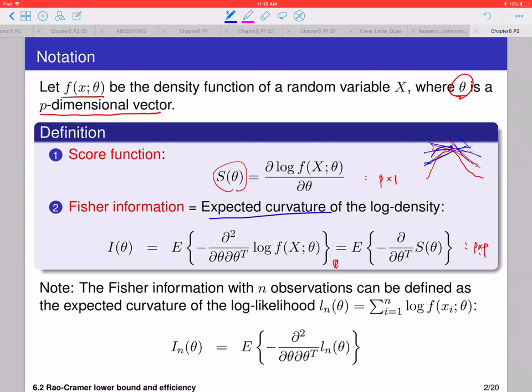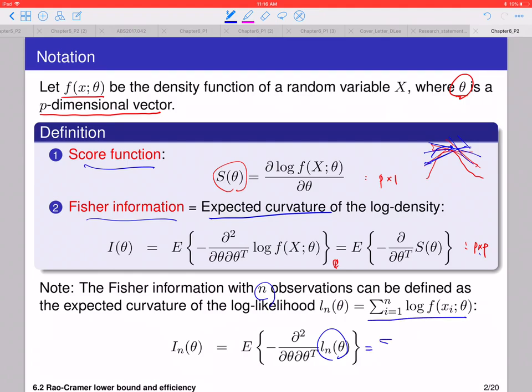The score function and Fisher information are defined for a single observation. But if you have n observations, it's very simple, just additive.